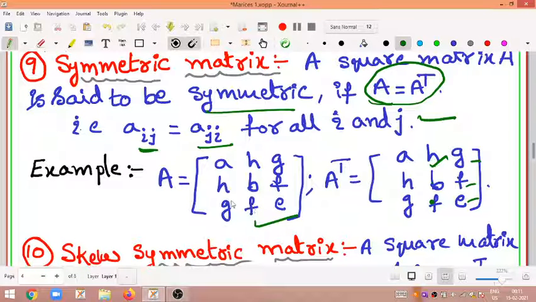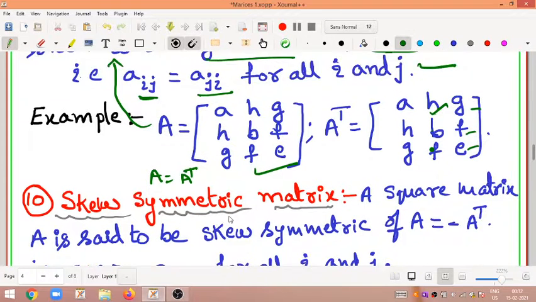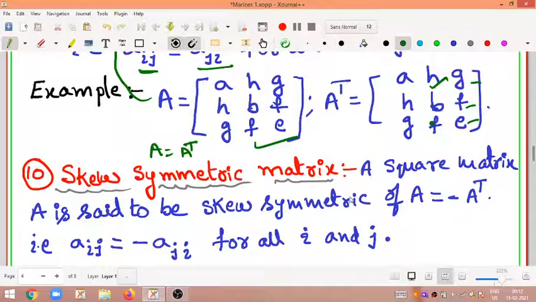So that's why, see here, A is equal to A transpose. So this is called a symmetric matrix.